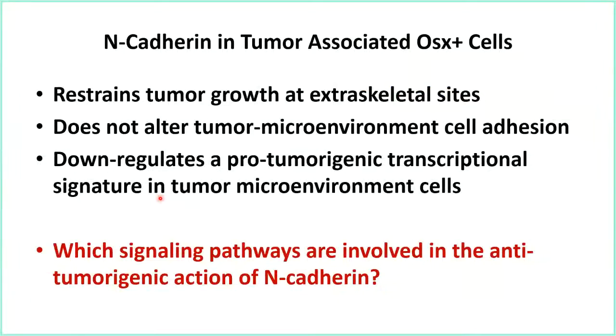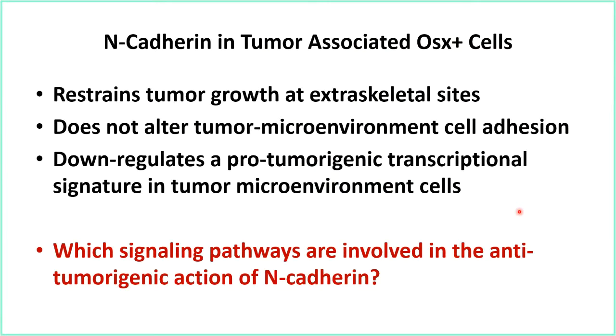So in the next phase of the experimentation, we focused on these mechanisms. To summarize the results of these studies, we find that N-cadherin in these particular tumor-associated Osterix cells, cells that we have identified that were not known before, restrains tumor growth at extraskeletal sites.